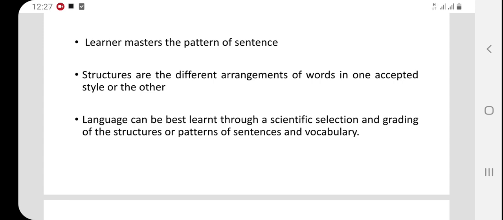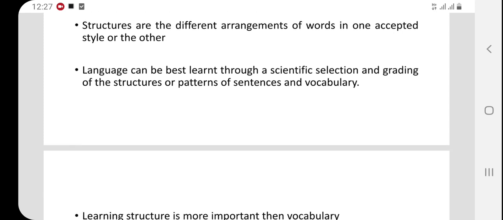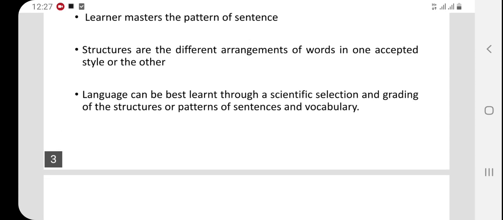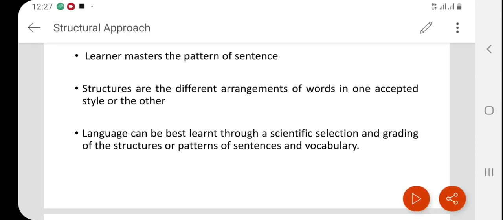Arrangements of the words form structures. There are different arrangements of the words. If I say Ahmed is here, that is one sentence, and then I say here is Ahmed, that is another sentence.